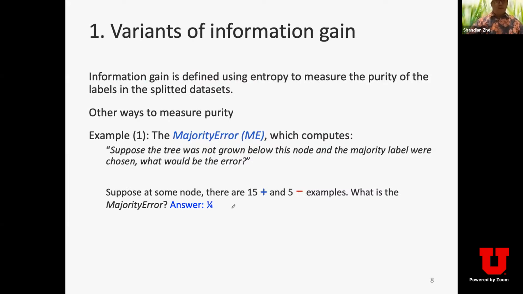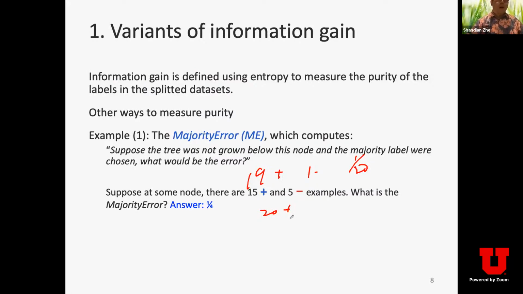Imagine if I got 19 positive examples and 1 negative example, what's the majority error? It is 1 over 20. So you can see that the smaller the majority error, the purer the labels. And of course, if all the examples are positive, like 20 positive, your majority error is simply 0.